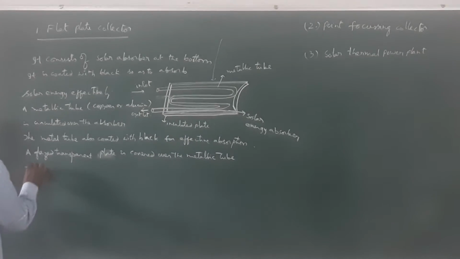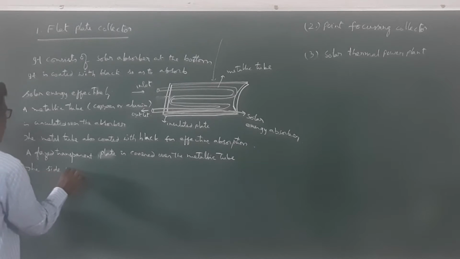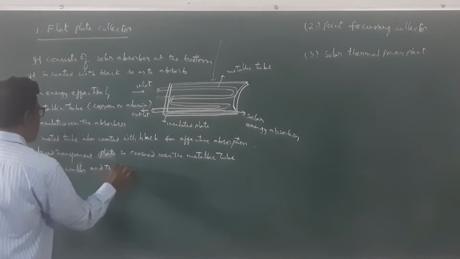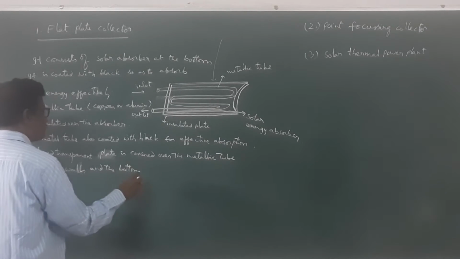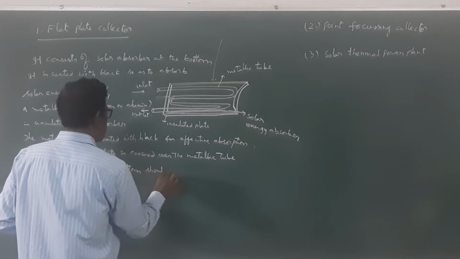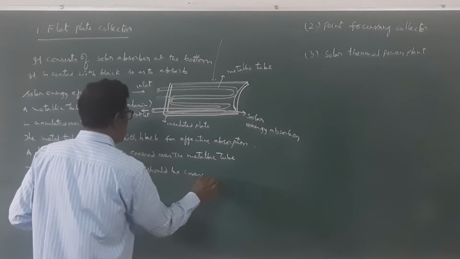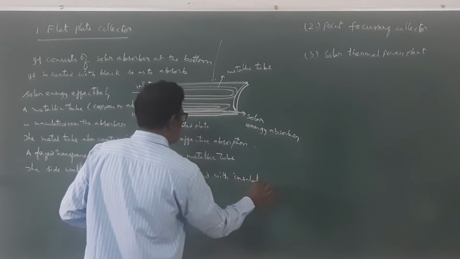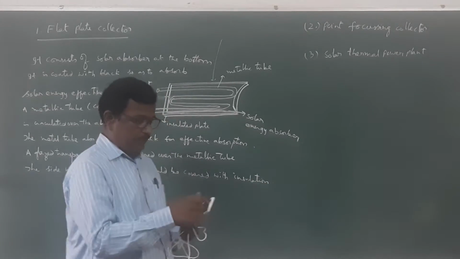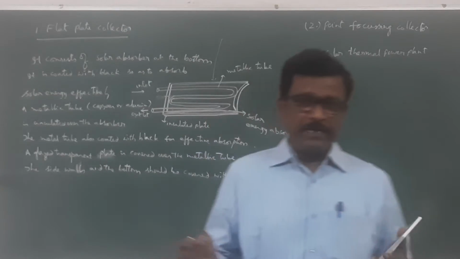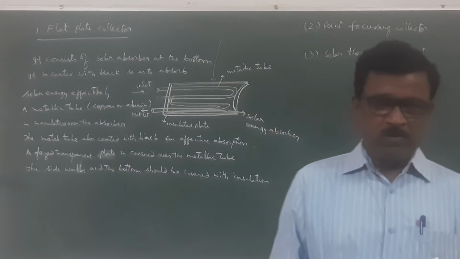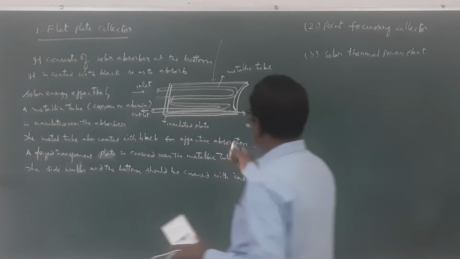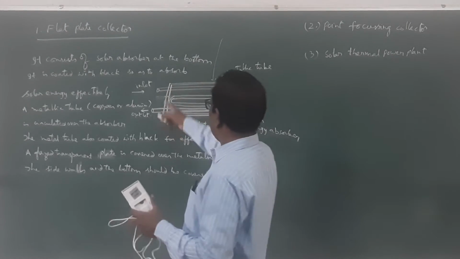The side walls and the bottom should be covered with insulating material, plastic like that, in order to prevent the escaping of solar heat energy produced inside the panel.